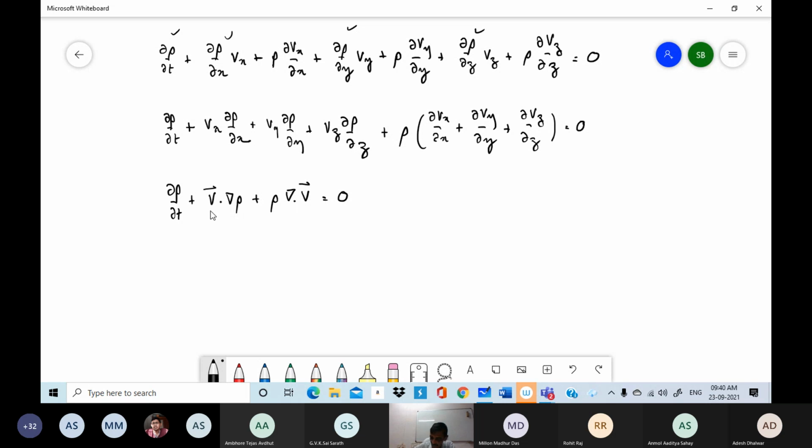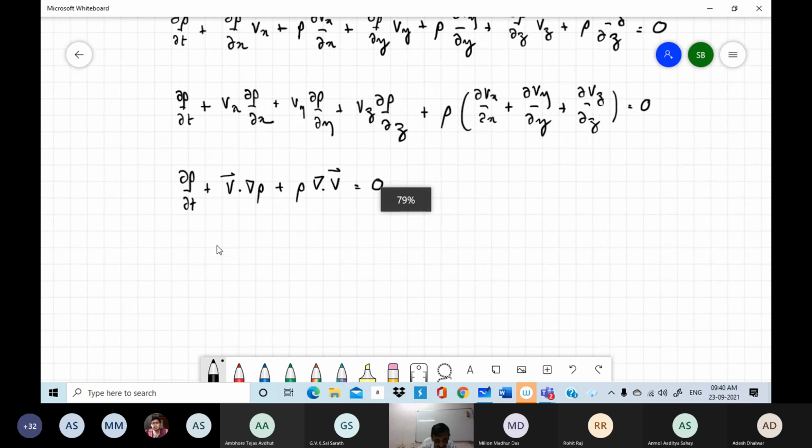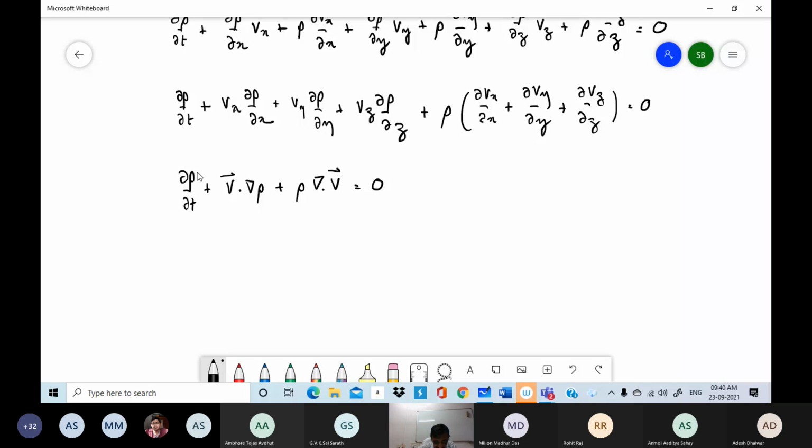Now, in an Eulerian description, if rho is specified in an Eulerian description, then if I take the partial derivative of rho with respect to t, it tells me how does rho vary with time if I take my measurement at a certain fixed point in space.